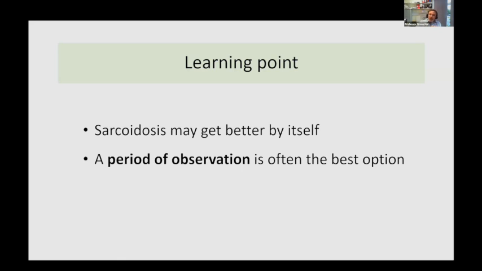But this whole process of the cytokines, the activated macrophages, and the granuloma formation will sometimes or often get better by itself. And you can imagine then that one of the consequences of that is it makes it difficult to assess treatments for sarcoidosis about whether they're working or not, because many people will get better by themselves.